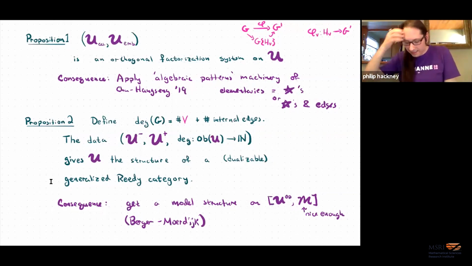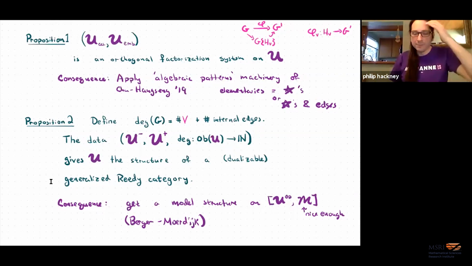This will be equivalent to the projective model structure, but it's somehow much easier to be cofibrant here. So this is very helpful, and we'll see in a second why this is actually helpful for us.